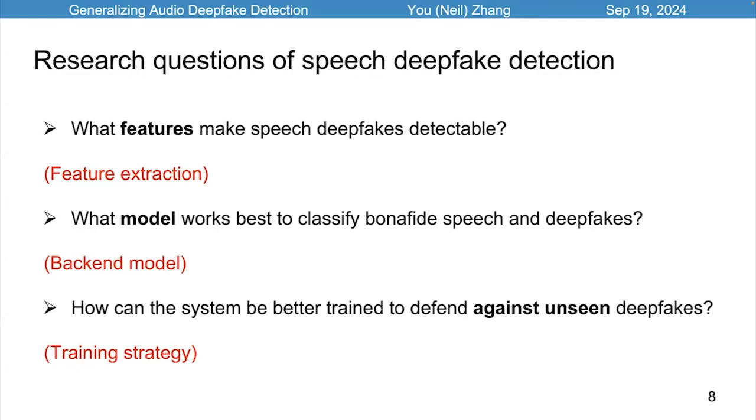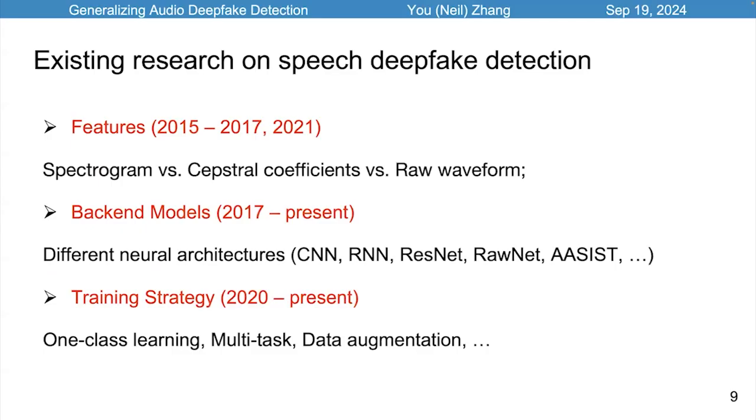Because when we develop machine learning models on the training set, we are only exposed to some of the deepfakes we already know. But when we deploy the system, we need to generalize to unseen deepfakes. Existing research in many previous years studied features and back-end models, and my research falls into the third one, training strategy.